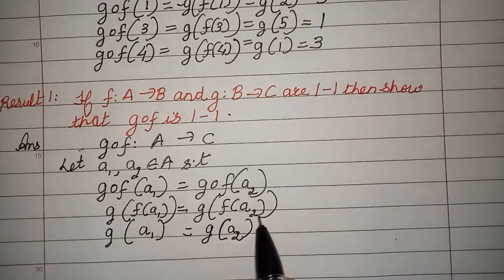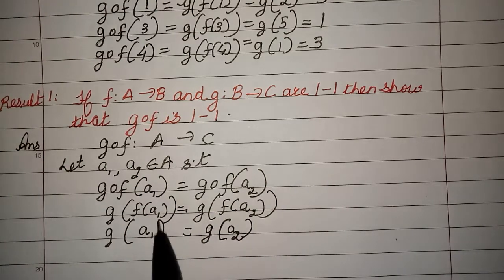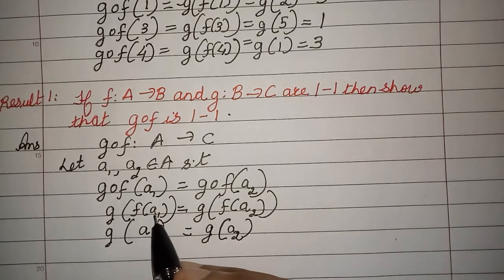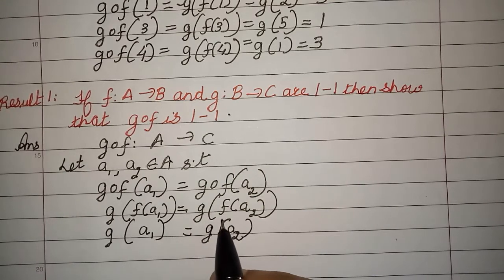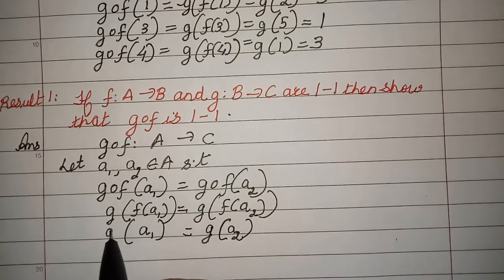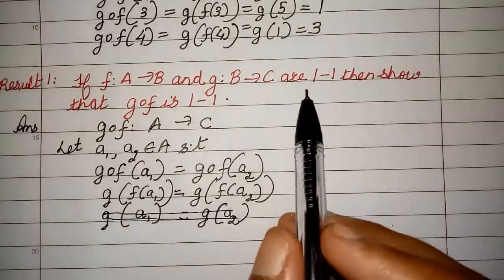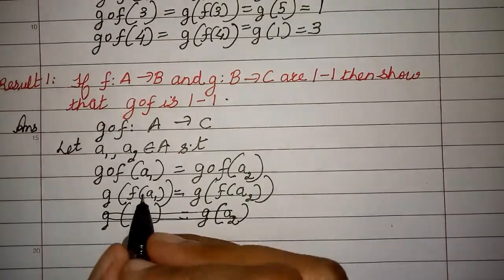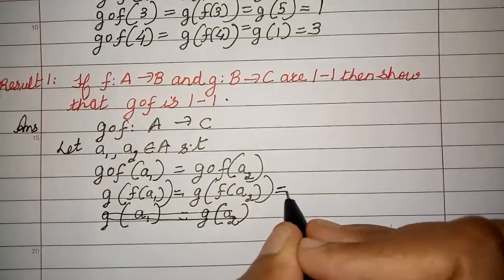But it is given that g is one-one. I first applied it inside, which was a mistake, though no harm, both are correct, but I will write it in a better way.